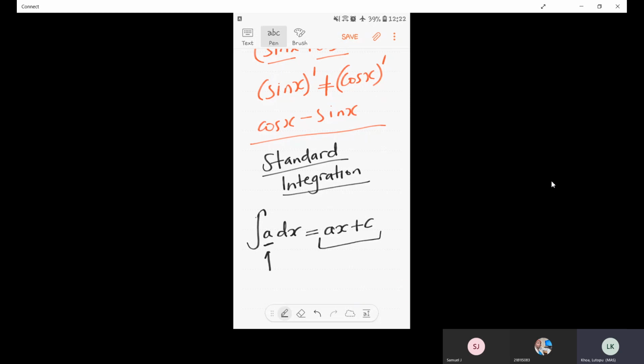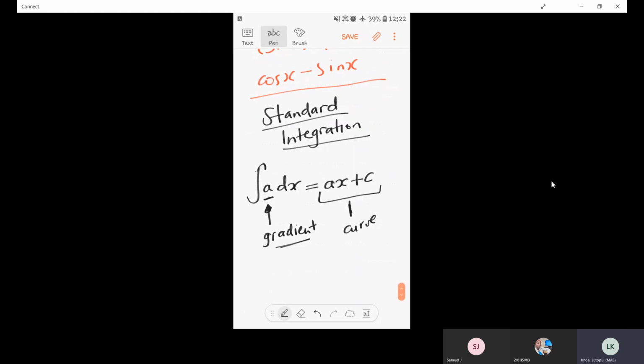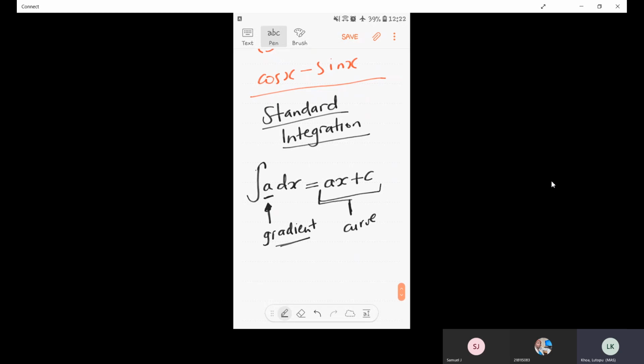Remember, this is our gradient, and this is the curve which has this as the gradient. So I give you the gradient and then I ask you what is the function. This ax plus c is the equation of a straight line. So if your gradient is constant, your curve is a straight line.